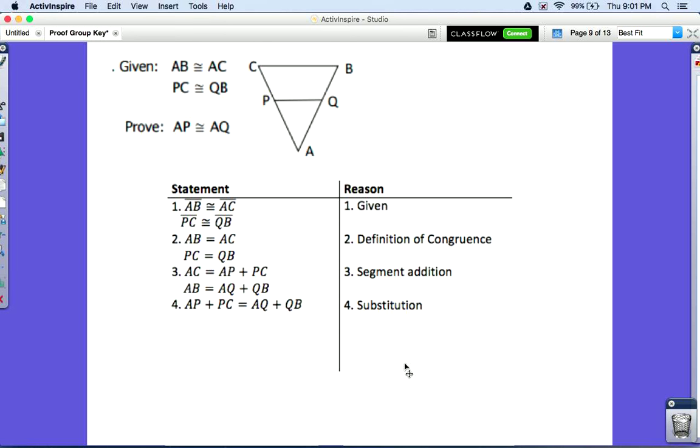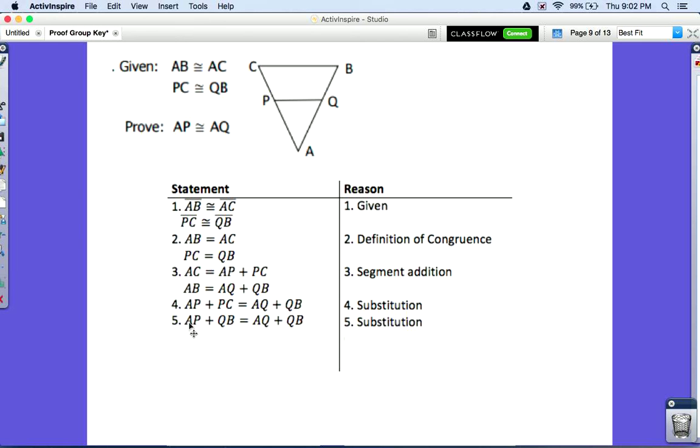We want to get to that. So we need to look back at what else we were given. We were also given that PC equals QB. So if PC equals QB, then I can take this PC out and put QB in. And we're going to do that. That's again going to be by substitution.